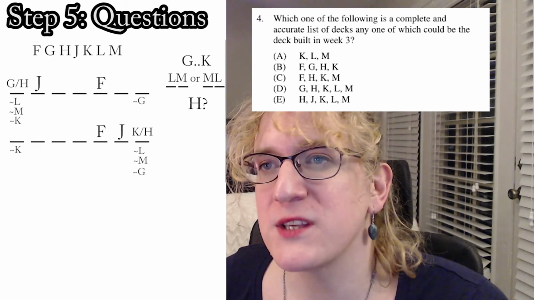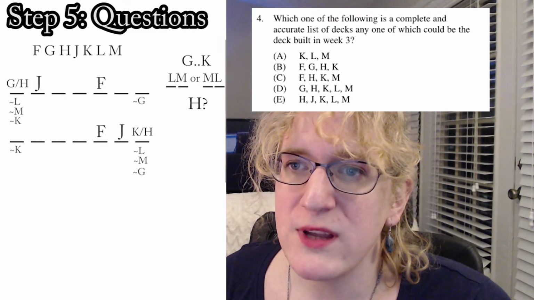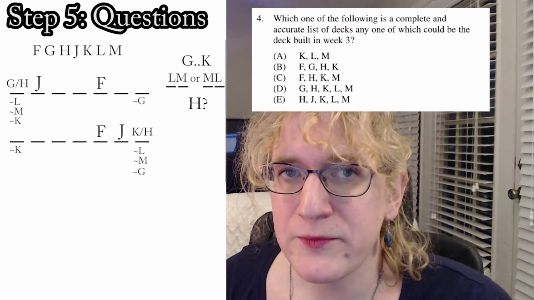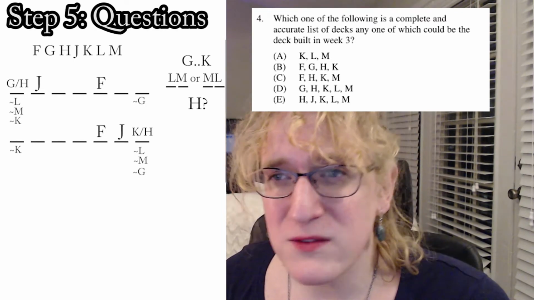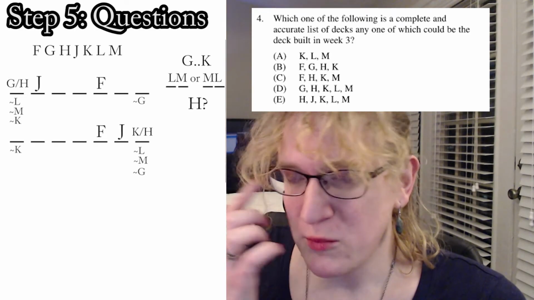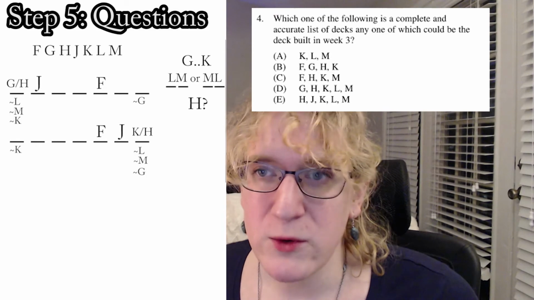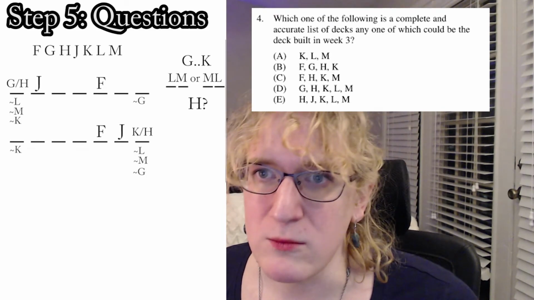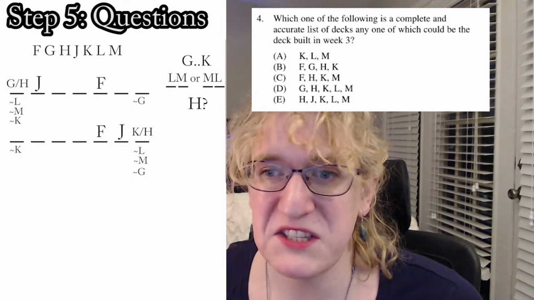So we want to ask ourselves, can we figure out a way to put any of the others in week 3? And we could test this out for each individual one, but it's also pretty easy to see that it could be any of the others. We saw one in question 2 where it definitely could be L or M, because we already did one like that.